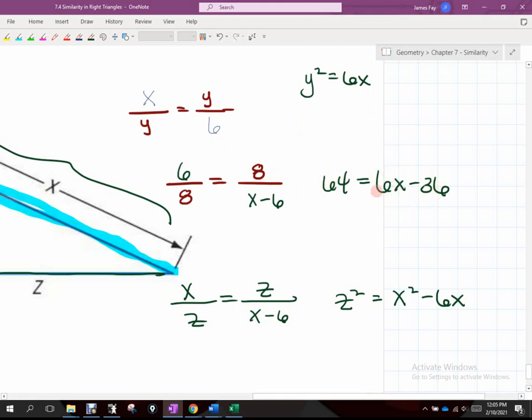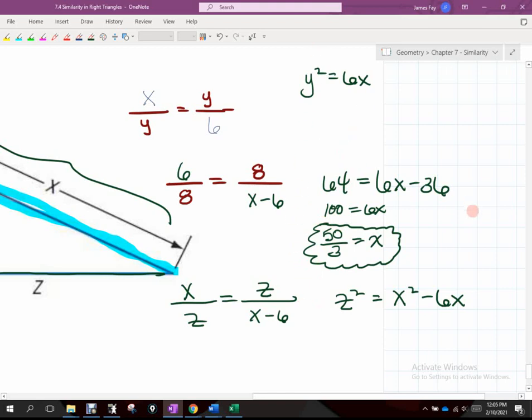And so I'm going to add 36, so it's going to give me 100 equals 6x. So what, 50 over 3 will equal x. Okay. Now that I've got x, we have options.